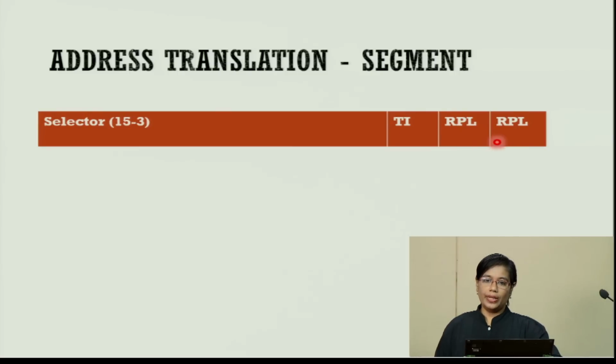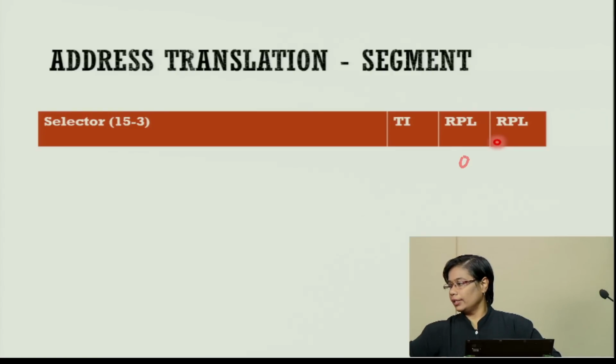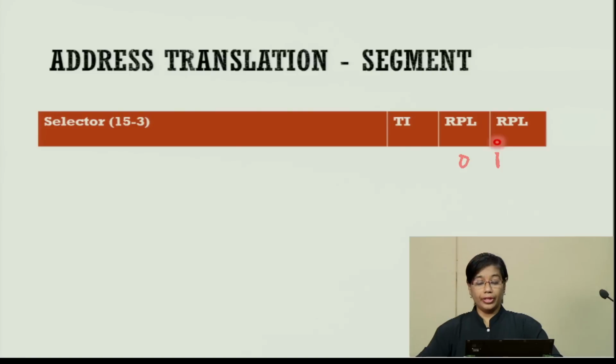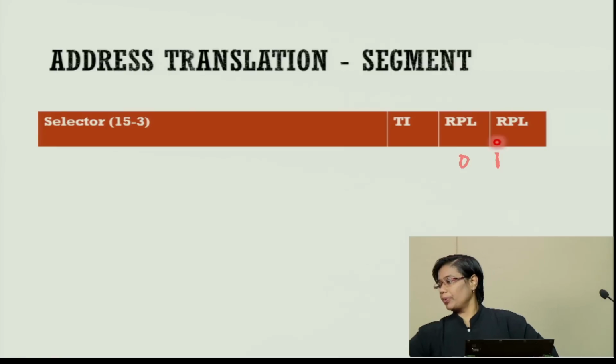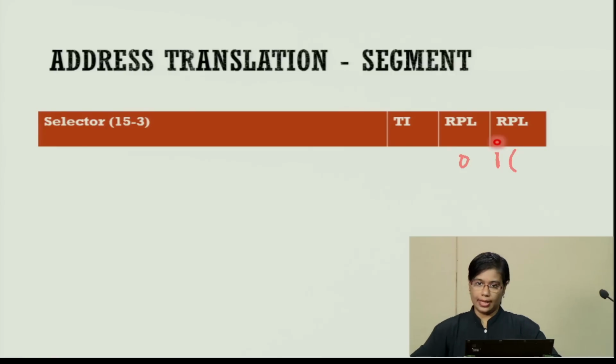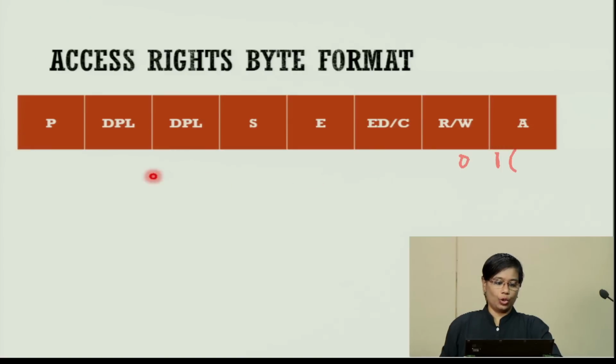Now these 2 bits are called the request privilege level. This is used whenever you are looking at memory protection features. So this RPL will be compared against the 2 DPL bits that are going to be present.